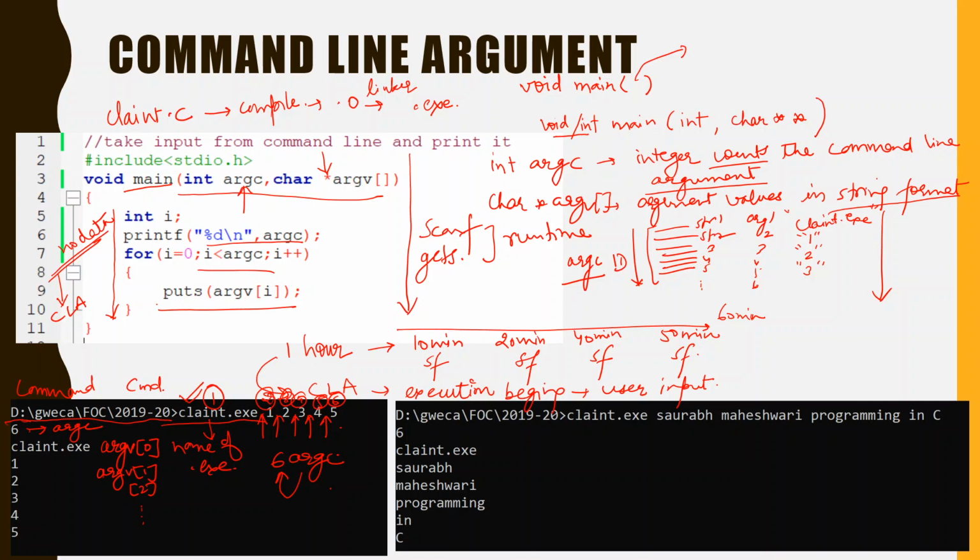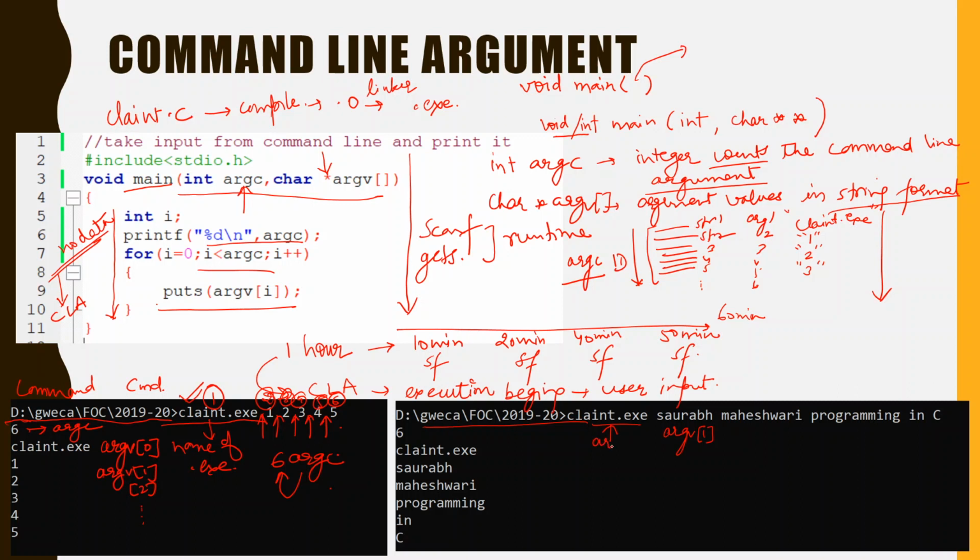Here in the same program we have run again, and the same path is there. Then we have supplied the name of the executable, and then a long string is given. But since there are spaces, this would be argv1.